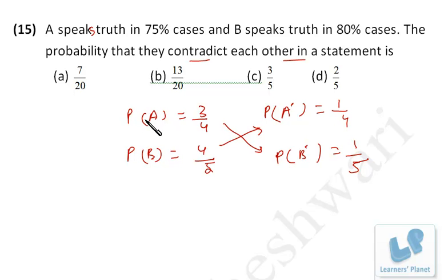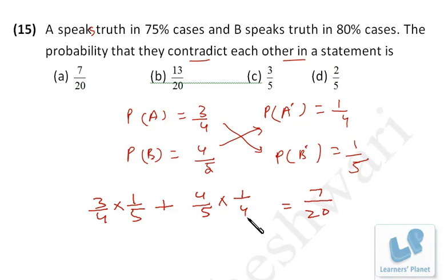So A is speaking truth and simultaneously B is speaking a lie, or B is speaking truth and A is speaking a lie. Okay, then only contradiction will be there, right? For a particular statement or a fact, right? So it's 3 plus 4, that's 7 by 20, right? Okay, I hope you are clear.